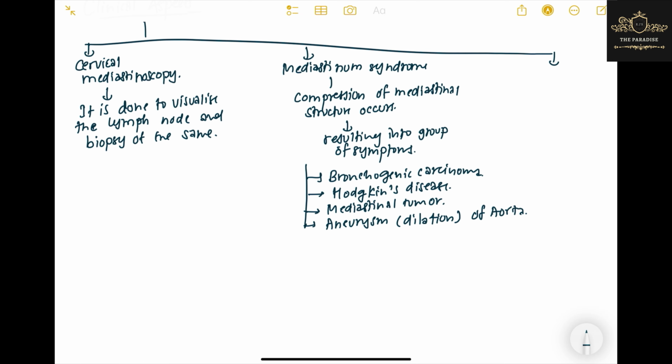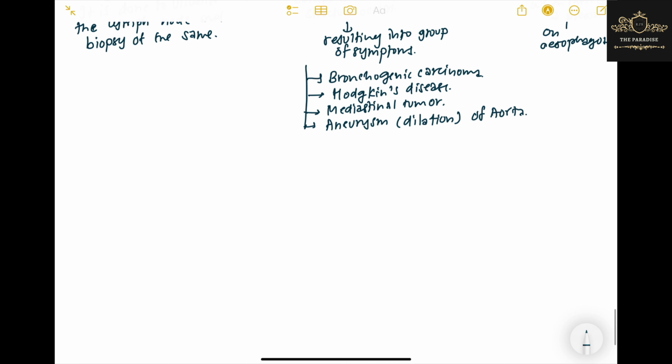Next is dysphagia. Dysphagia is a condition in which there is pressure on the esophagus.